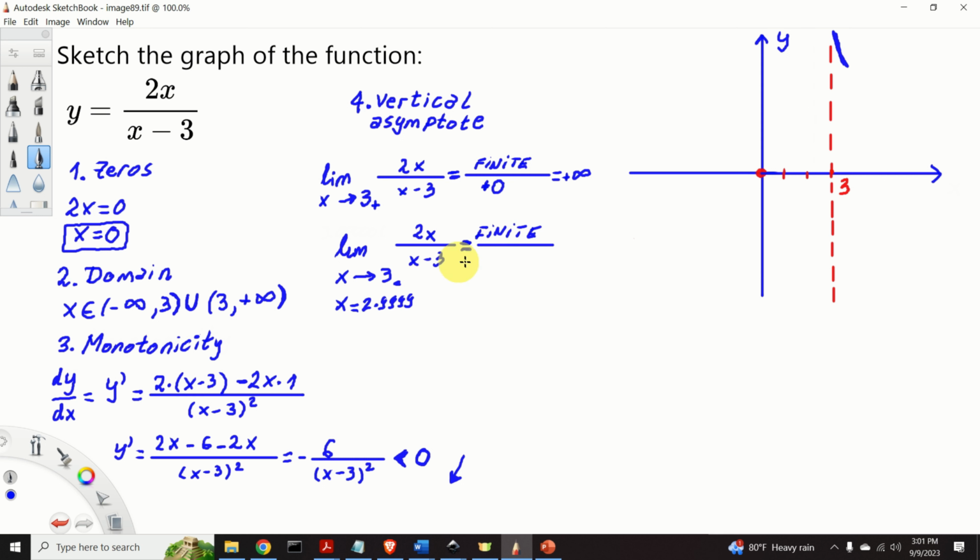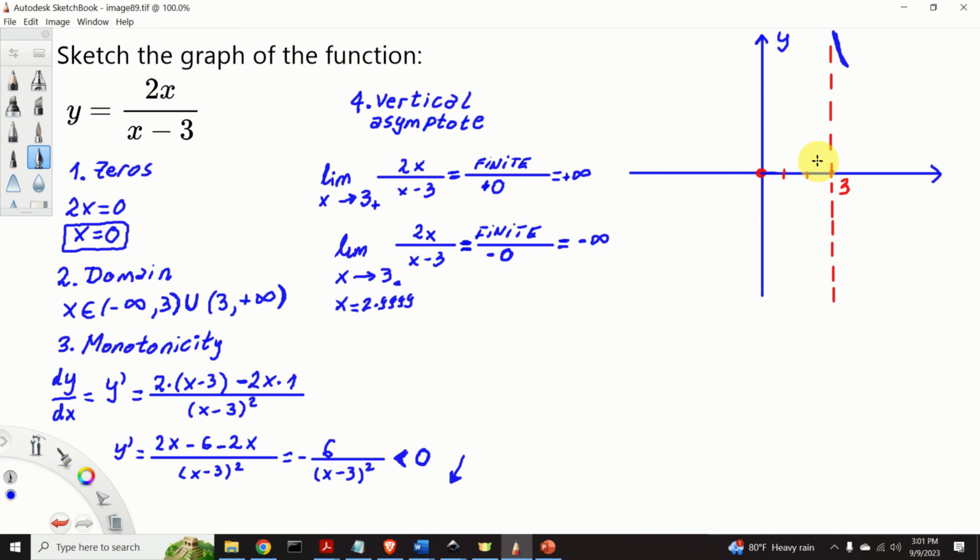However, in the denominator, we have a very small number, and this number is obviously negative. I will denote the fact that this number is negative by 0, and in front I have a minus sign. And consequently, as the result, we have something finite divided by something very small and negative, and that's minus infinity over here.